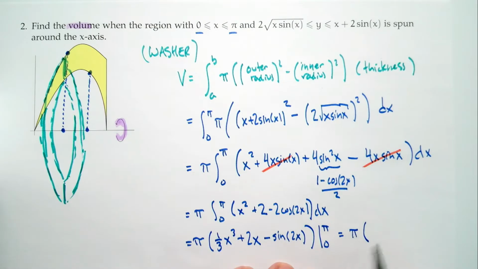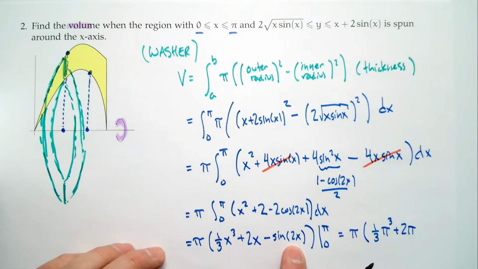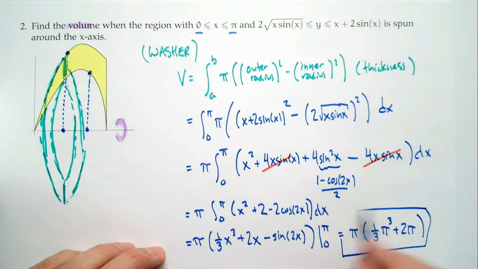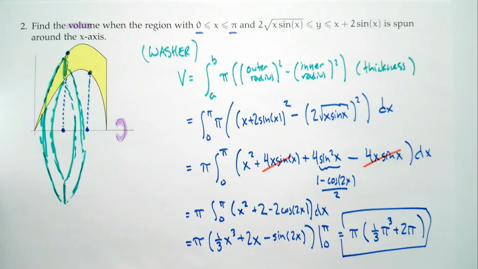We'll get a 1/3 pi cubed, plus 2 pi. Sine of 2 pi? 0. And if we plug in 0, we'll get 1/3 0 cubed, which is 0. 2 times 0, which is 0. Sine of 0, which is 0. Which means that's it. And there's our answer. Pi times 1/3 pi cubed plus 2 pi.